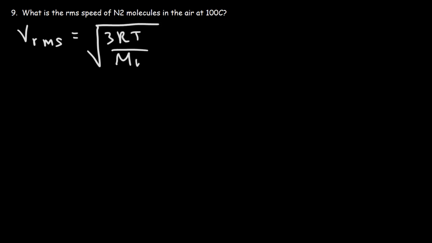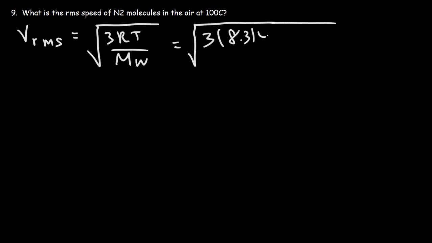Number 9. What is the RMS speed, or the root mean square speed, of nitrogen molecules in the air at 100 degrees Celsius? The equation that we could use to find the root mean square velocity is the square root of 3RT divided by the molar mass of the gas molecule in kilograms per mole. Now, in order for this equation to work, you need to use the R value 8.3145 joules per mole per Kelvin.